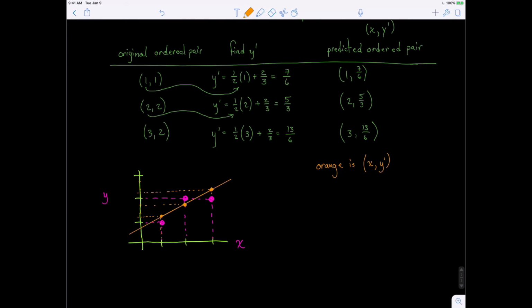Now look at what I have. This orange line is called the line of best fit. And it's just found by connecting the dots of the x, y primes, the predicted y's.